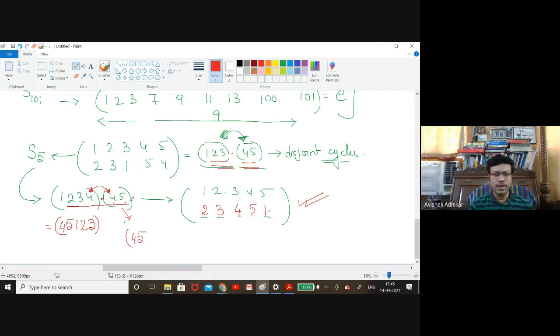Then start with this 5 on this side. 5 goes to 4 and check where 4 goes. 4 goes to 1. That means ultimately 5 goes to 1. Then start with 1. Here 1 is absent, that means 1 goes to 1. And then check where 1 goes. 1 goes to 2. So ultimately 2. 2 goes to 2 here and here 2 goes to 3.